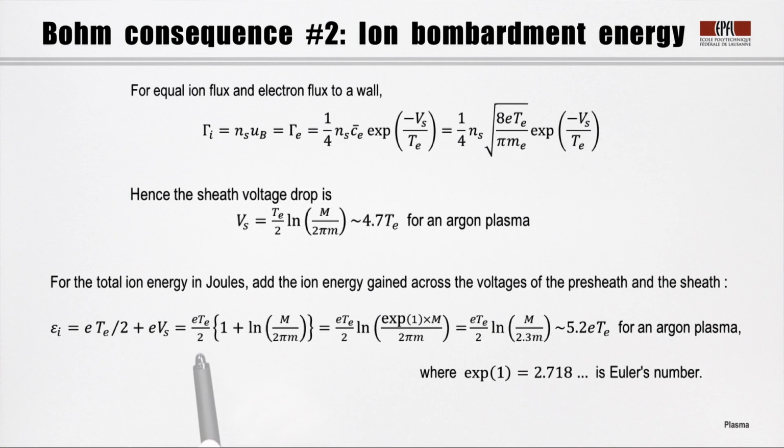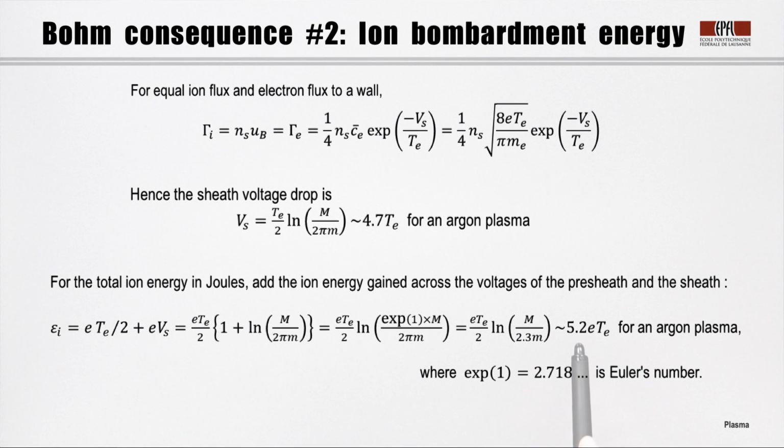We can factorize this as follows, and we can take the 1 into the natural log as exponential 1, where e to the power 1 is Euler's number, 2.718. This we can write as eTe/2 times the natural log of the ion mass over 2.3 me, and if you put the numbers in for an argon plasma, it's about 5.2 e times Te in electron volts, in joules.